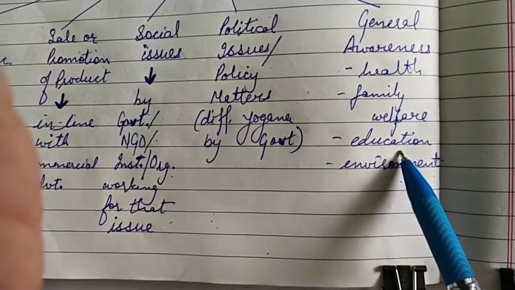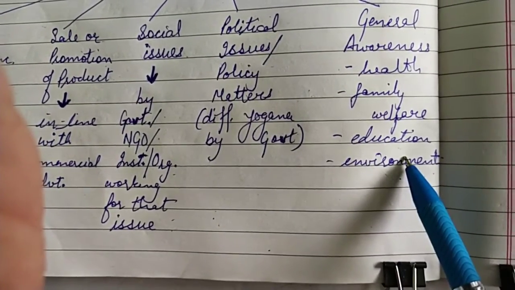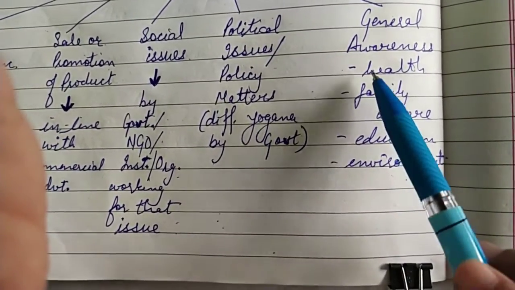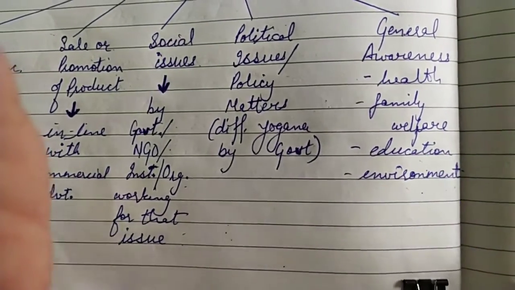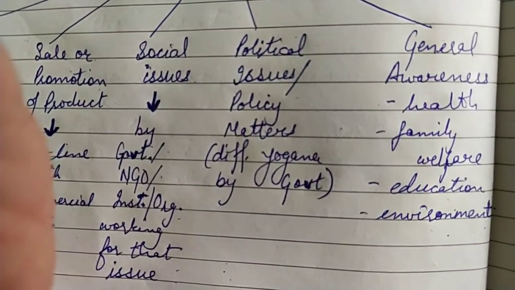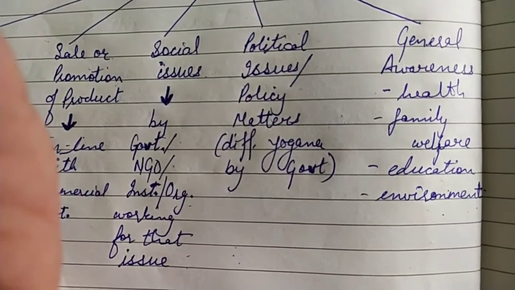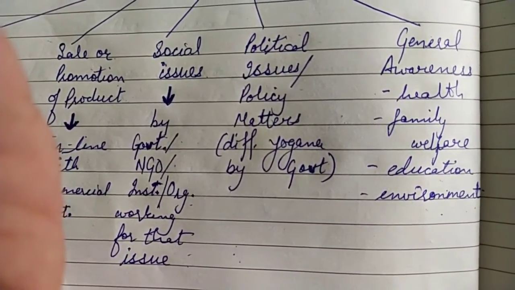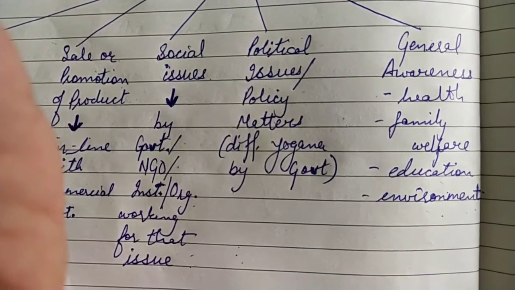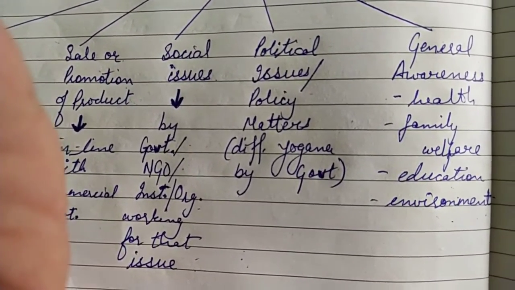Education is like each one teach one, or health welfare, like the health department is going to draw a poster regarding prevention from malaria, regarding preventive measures to be taken while changing seasons.